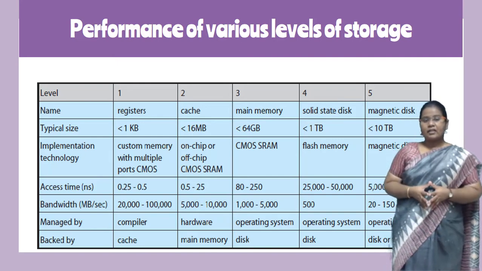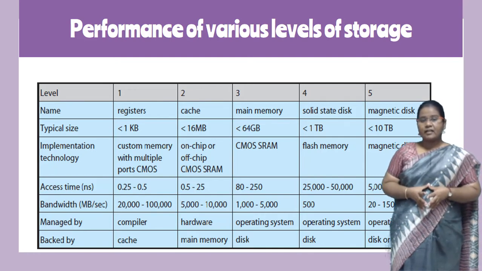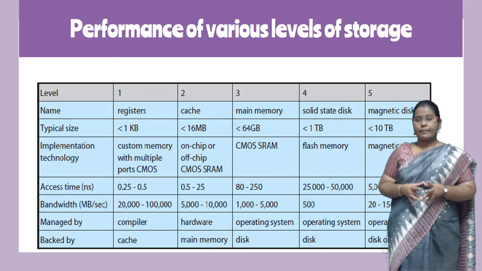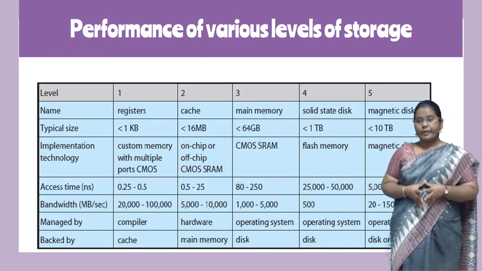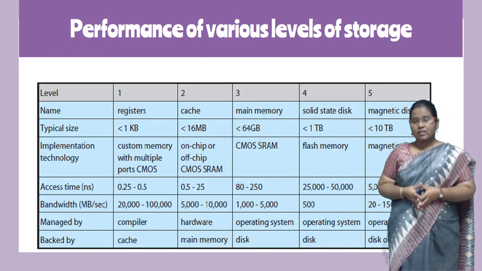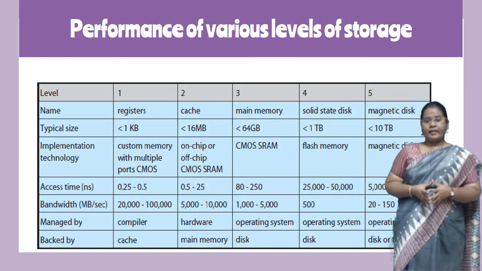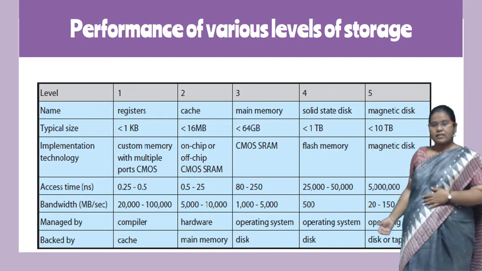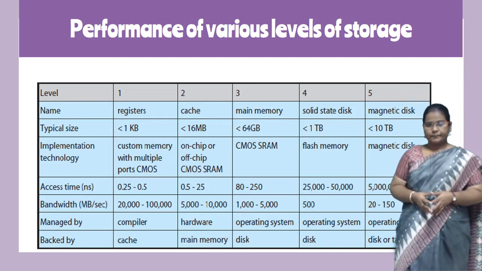Registers are managed by compilers, cache memory is managed by hardware devices present in your computer, main memory by the operating system, and the remaining secondary storage devices also by the operating system. And the backup is stored in different devices as you see on the chart.